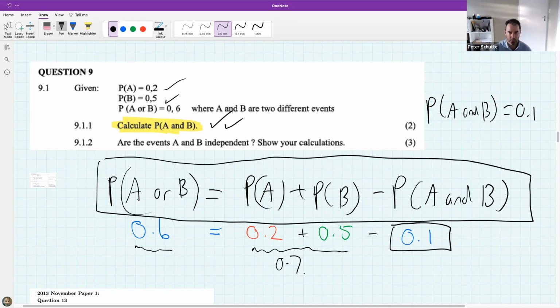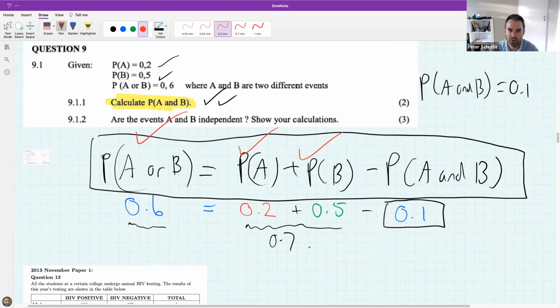Those two add up to 0.7, and that's bigger than 0.6. So what do we need to do? Well, we need to make it smaller, but by how much? Well, we need to make it smaller by 0.1. And that's why we know that P of A and B is 0.1. Okay. So I'm using this identity. I've got 3 of them, and I use the 3 to figure out what the 4th is.